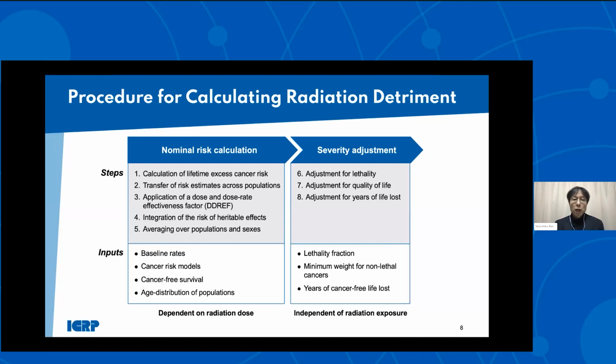What I want to emphasize in this picture is there are many steps to calculate radiation detriment, and there are quite a number of inputs for that. Now I'm going to explain how these steps were implemented, mainly focusing on the first part, nominal risk calculation.